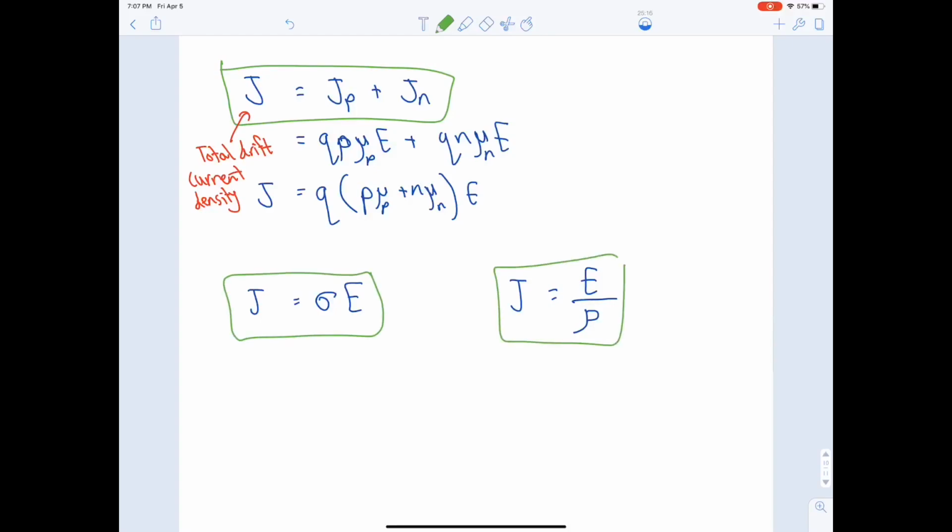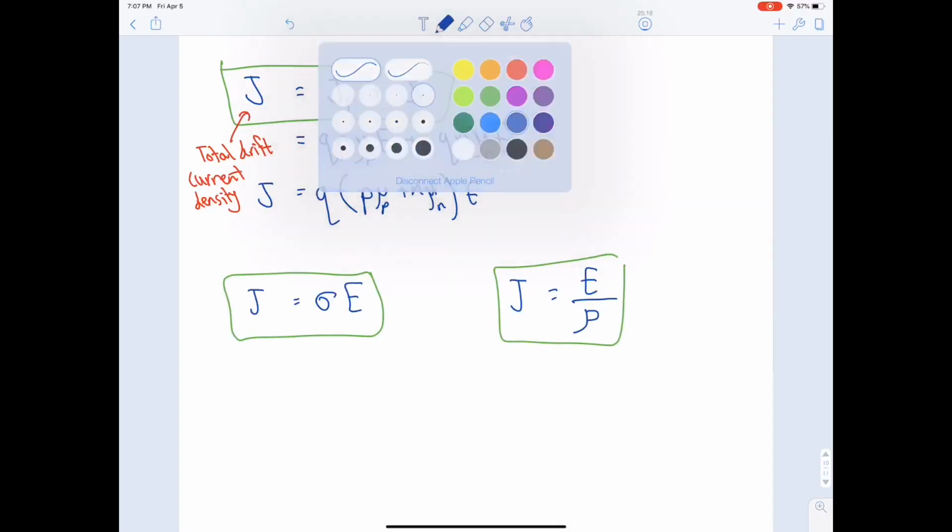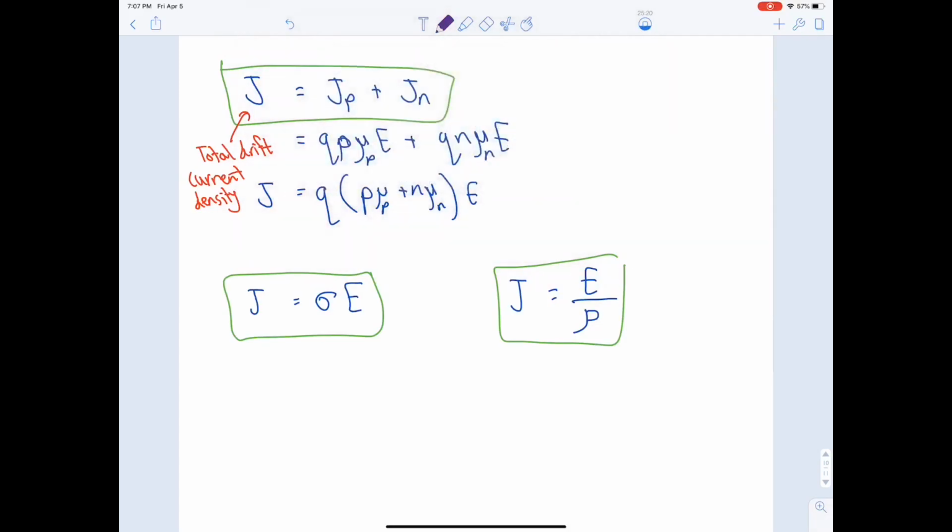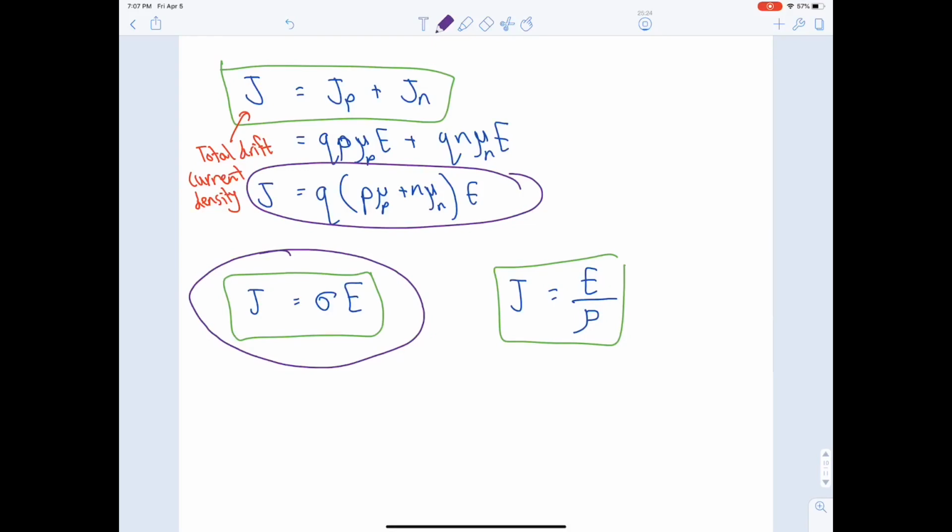So if you compare this equation with this one, what is the conductivity? Conductivity is everything except the E, right? So conductivity should be this one. Let me write it in a clearer way.